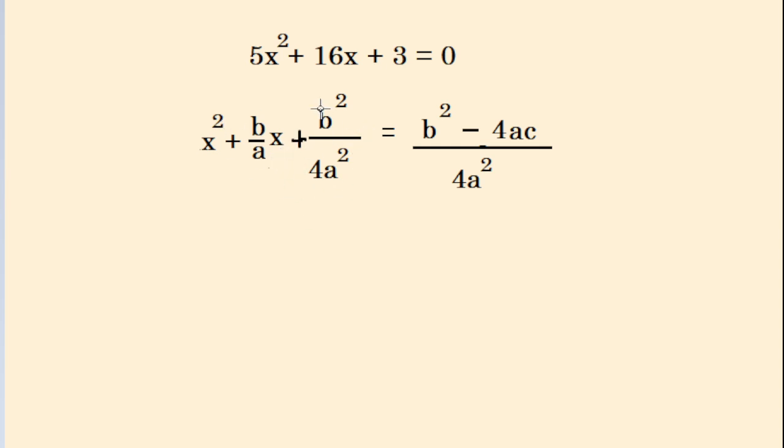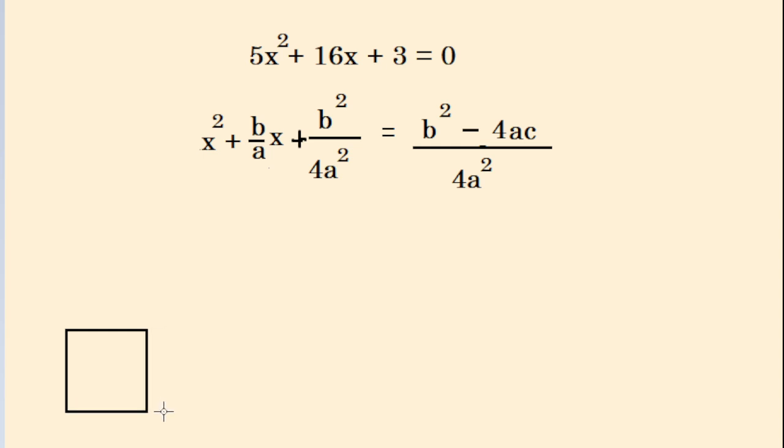As you remember, this is the perfect square. So the same as we did with the first quadratic equation, the simple one, we need to do now. We can do it visually, same as last time.